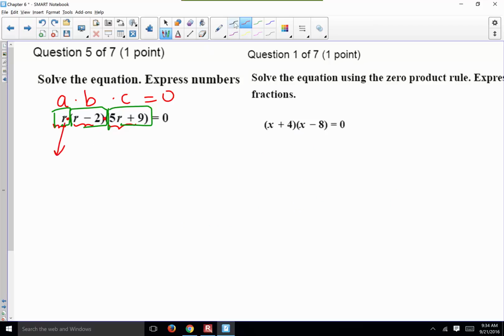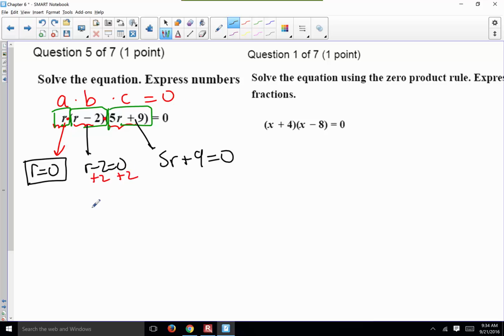Starting this one, it's R only, set it into zero. R minus 2, set it into zero. 5R plus 9, set it into zero. This has already been isolated, no work required, but this one requires an addition.